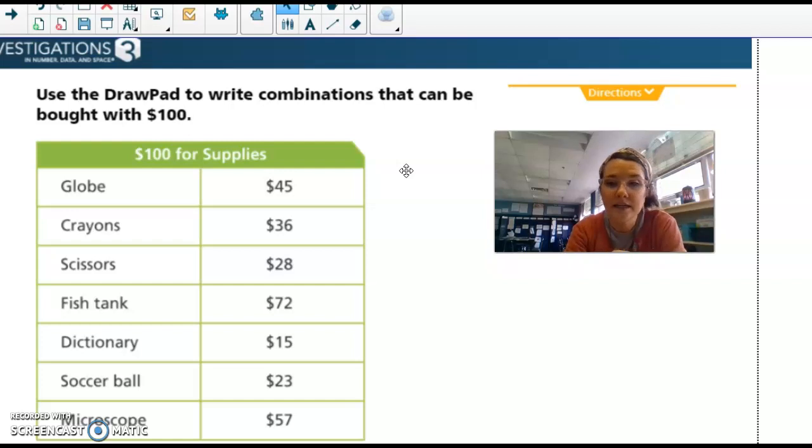So without adding it exactly, so we're using our estimation skills, what 2 items could I buy without going over $100? So take a minute and I want you to think about what combinations of 2 things could I buy without going over $100?